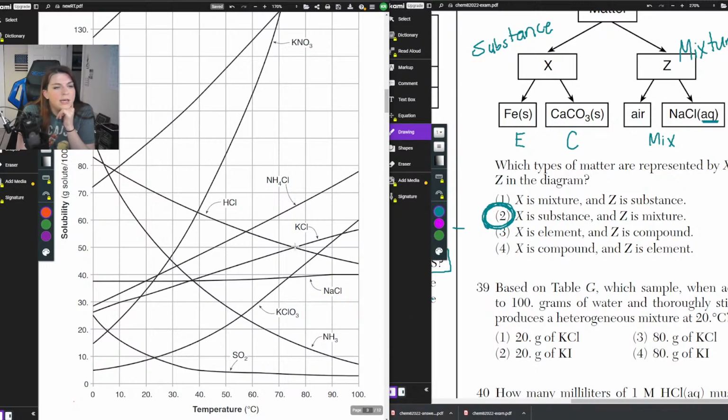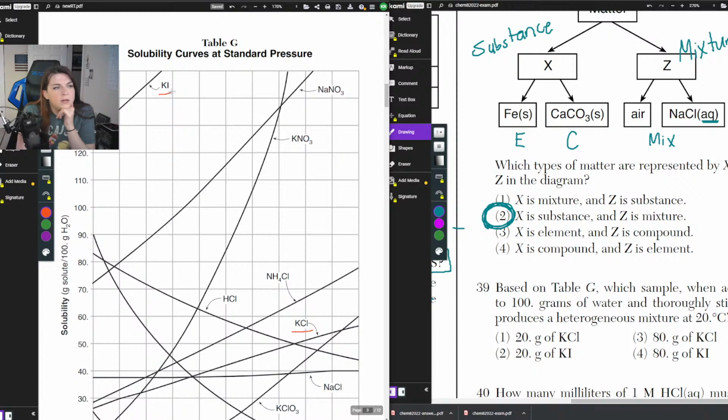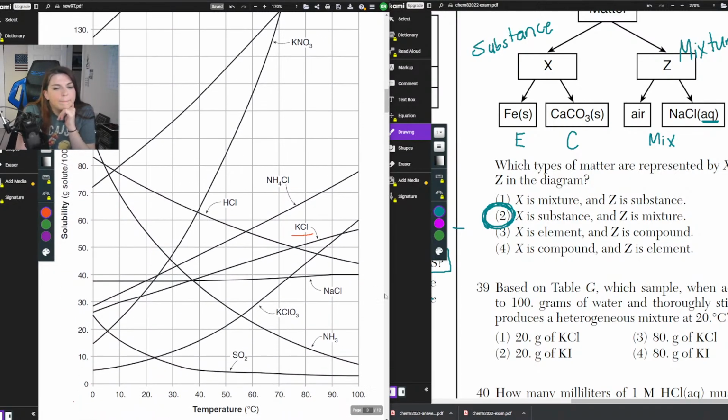Okay, we are looking at KCl, KI, which is all the way up here, and KI and KCl. Table G is based on dissolving in 100 grams of water. Occasionally, they'll change it in the question, and it'll be like 20 grams and 50 grams, and they're really not that nice about it.